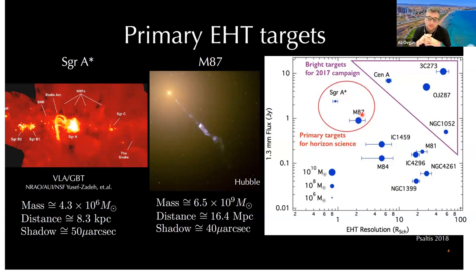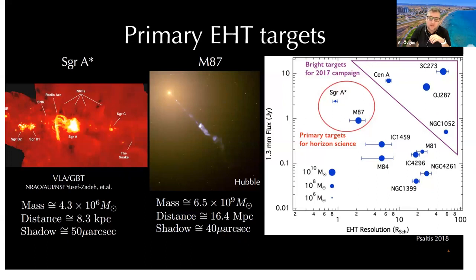All of the sources in this purple triangle, you can see here on the side, are bright enough for the Event Horizon Telescope to observe. We just won't be able to do horizon-scale science with them, so we only focus on the Sagittarius A* and M87 black holes.